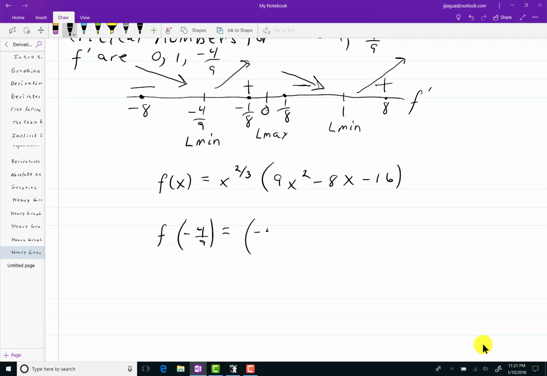So I'll have (-4/9) to the 2/3 times 9 times (-4/9) squared minus 8 times (-4/9) minus 16.